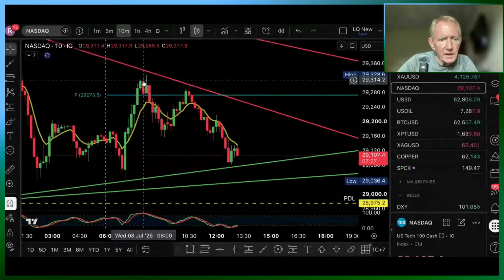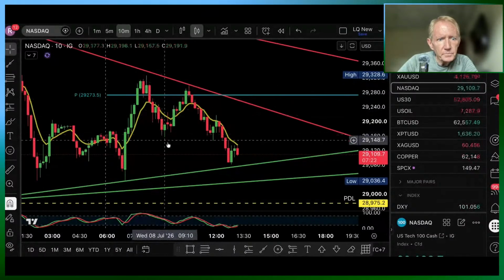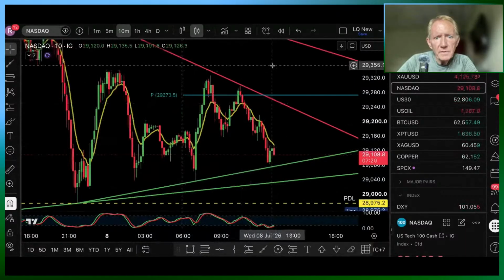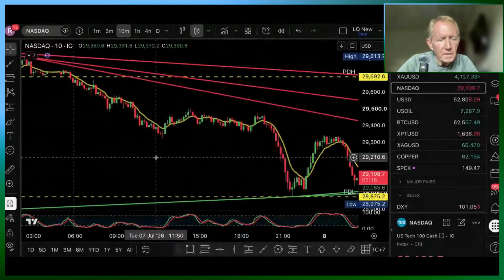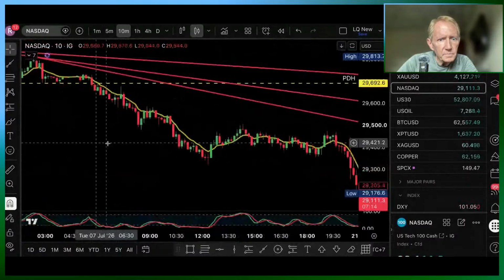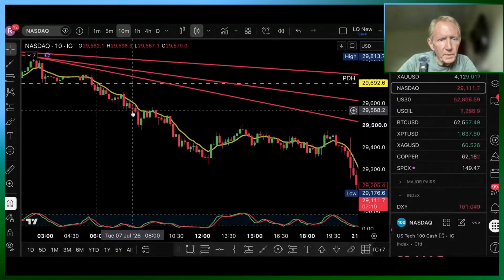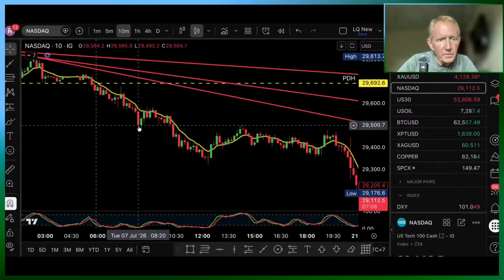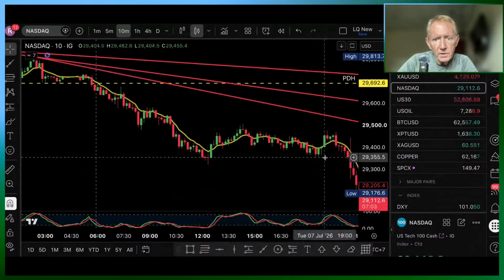This is the opening of the Shanghai market right there, and a good move down. And I believe it did the same yesterday. This is the opening candle there. You got a bit of a move down, came back up, and then a really good drop there, and then goes sideways during the day.